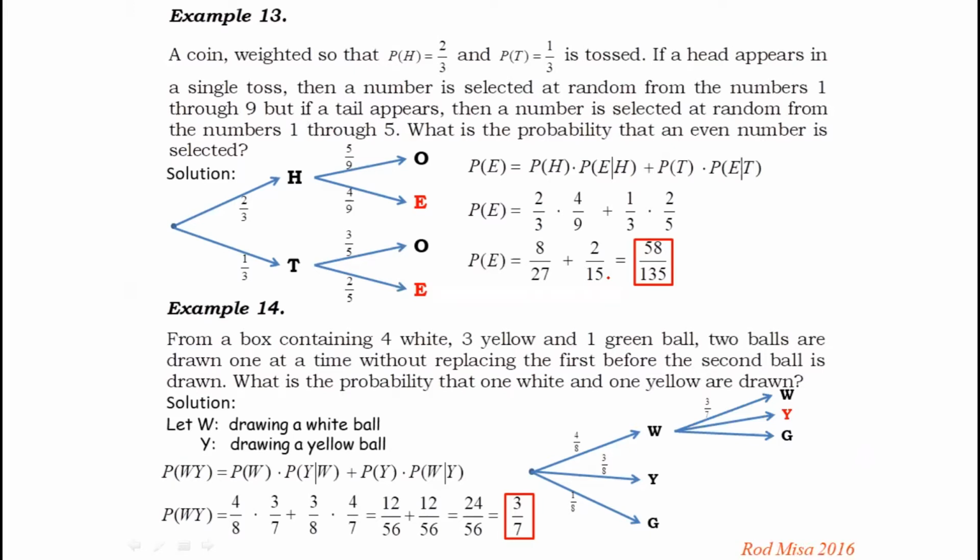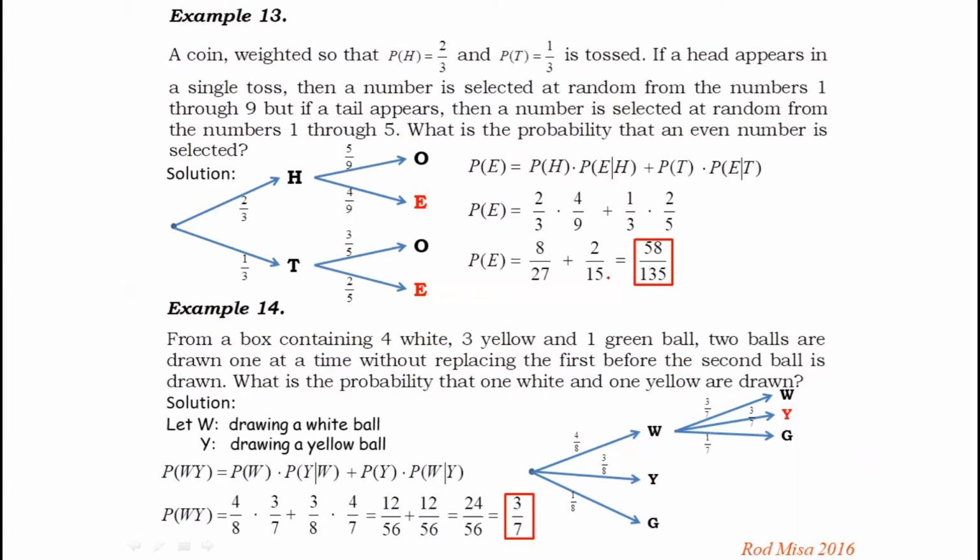And the probability of drawing a yellow ball from this box after you have drawn a white ball is 3/7, since we have 3 yellow balls from this box of the remaining 7 balls. Also, we have a probability of 1/7 of drawing a green ball after you have drawn a white ball in the first draw.